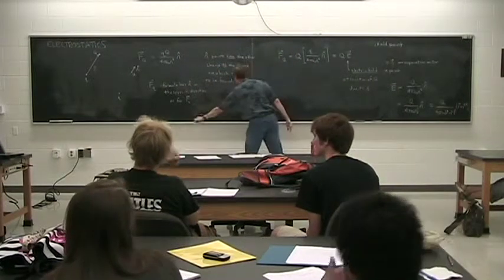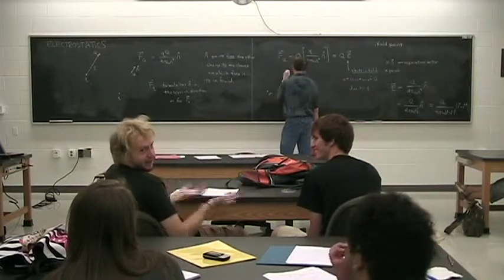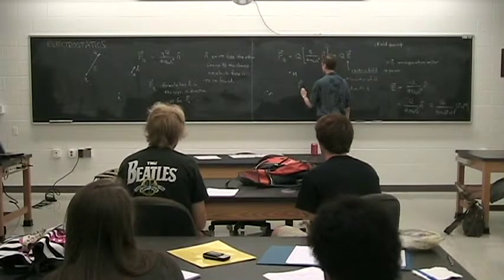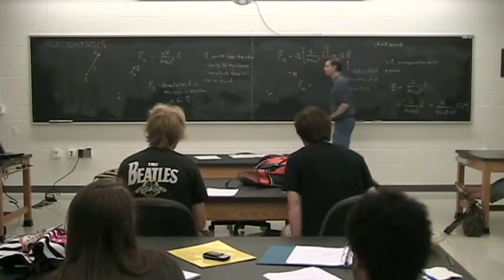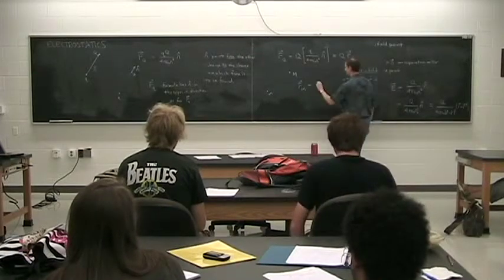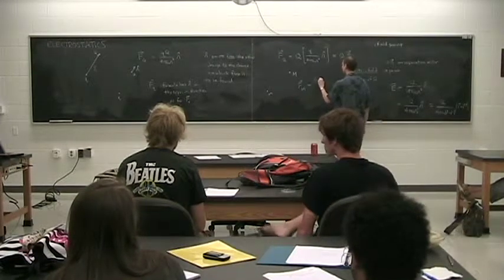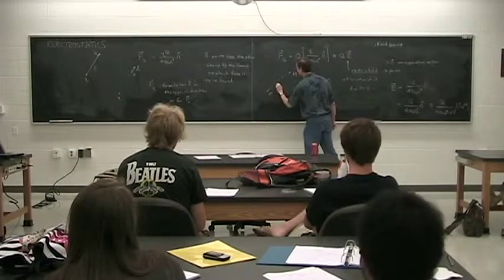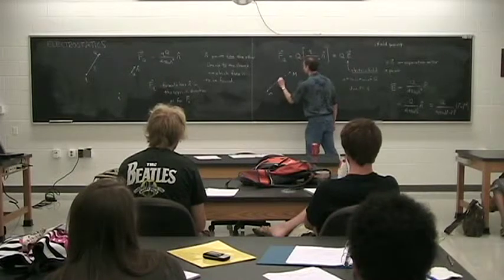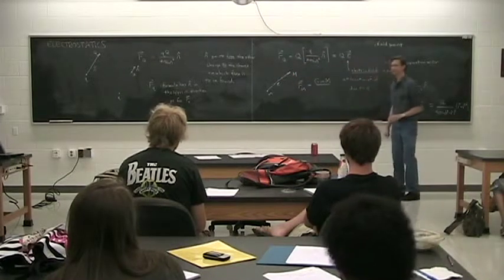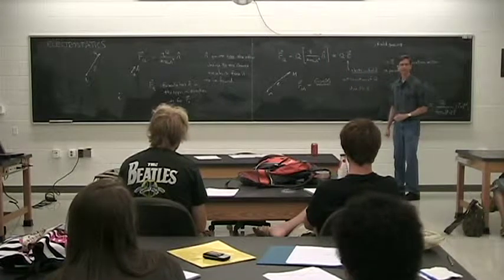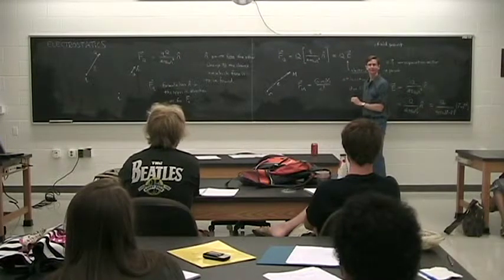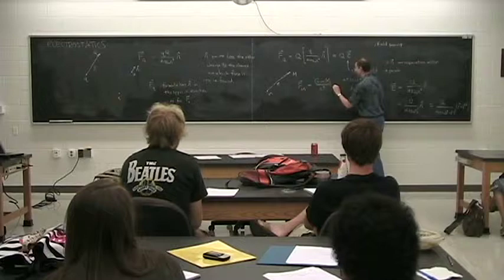If I've got little m and big M, then the force on big M is equal to big G times little m times big M over, if I call their separation vector R, R squared times, but I'm missing something.